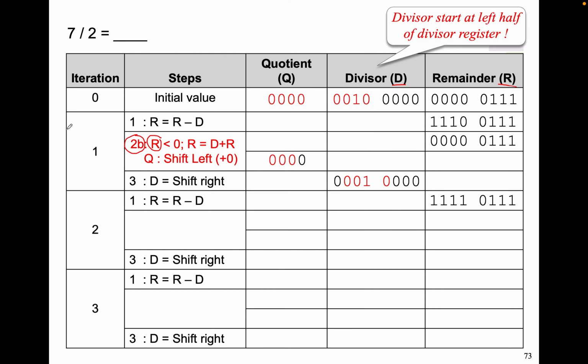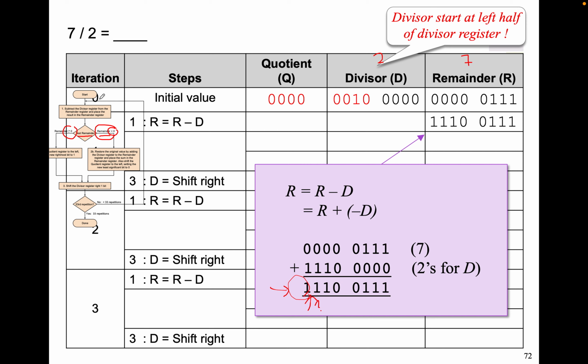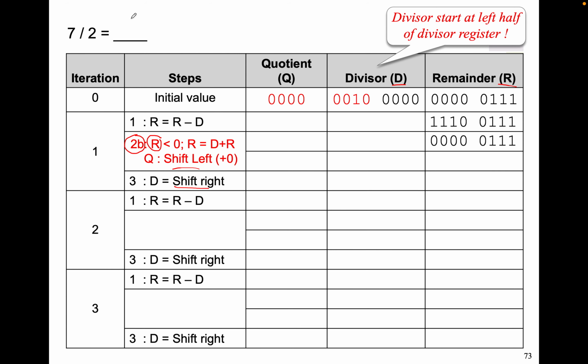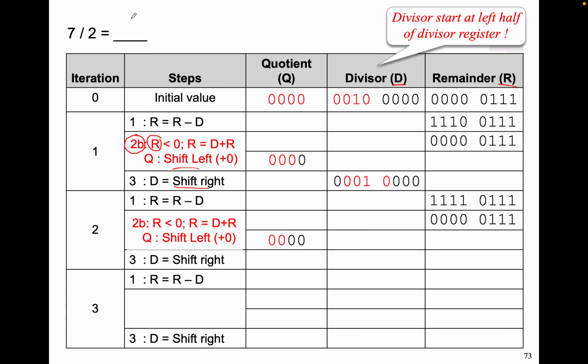And then you're going to continue, shift left and then shift right, which is similar. You're going to repeat using this flowchart, similar to your multiplication. But you're going to repeat 5 times because your bit is 4.